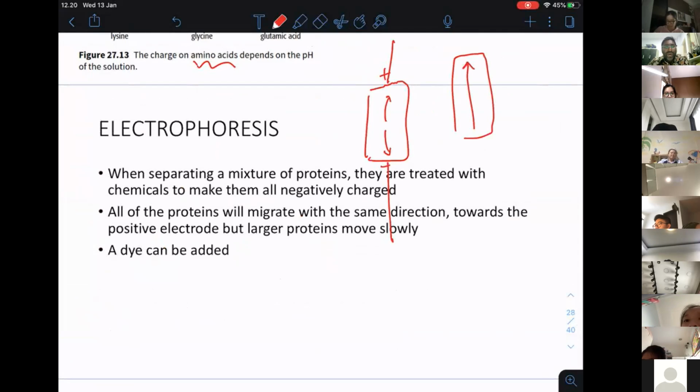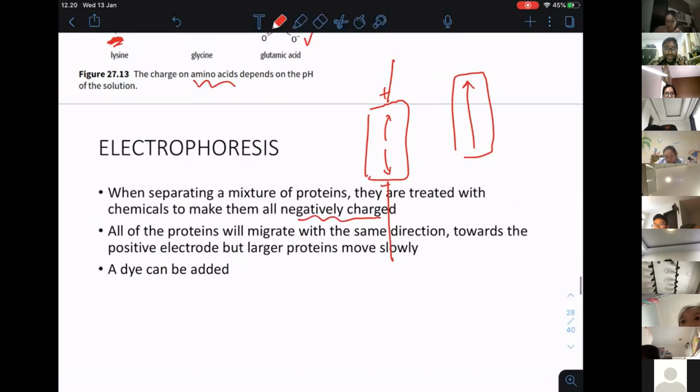So I treat them with a chemical to make all of them negatively charged. If they are negatively charged, they are attracted to the positive terminal and move towards positive. So first, we add a chemical or a buffer solution. Remember there is a buffer solution. Those are the chemicals to make them negatively charged.